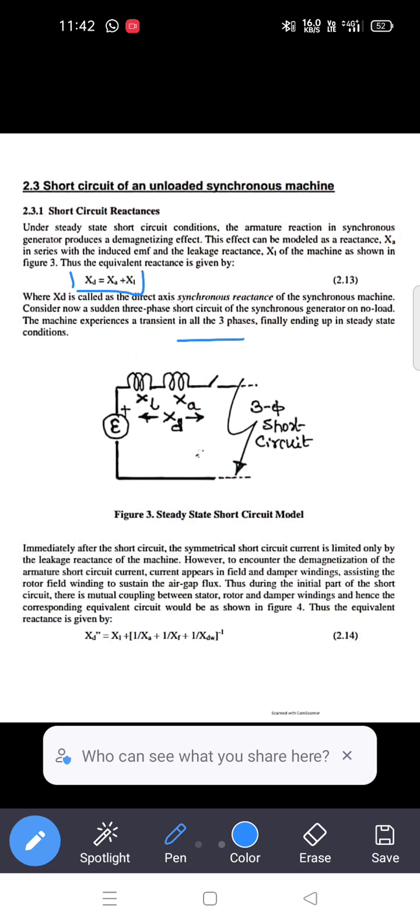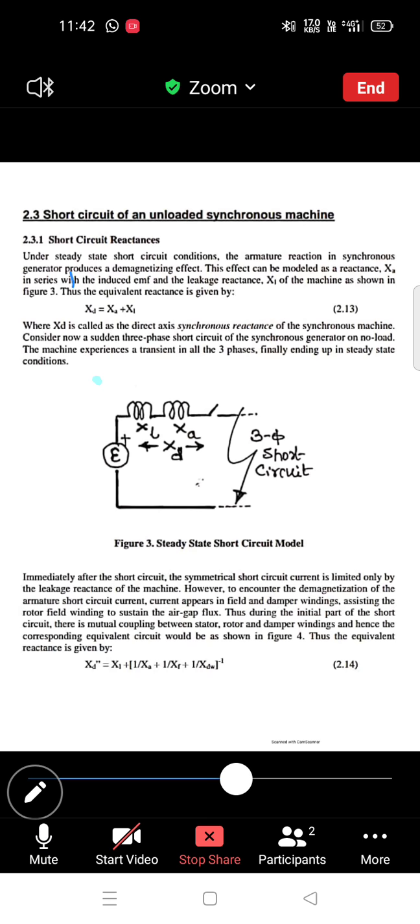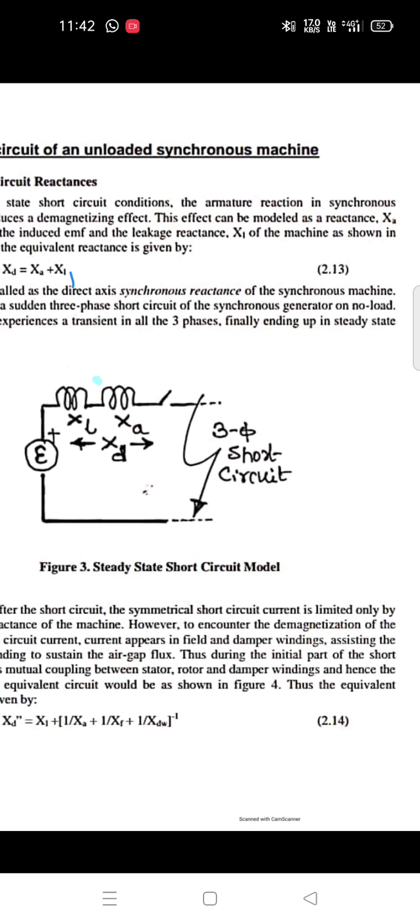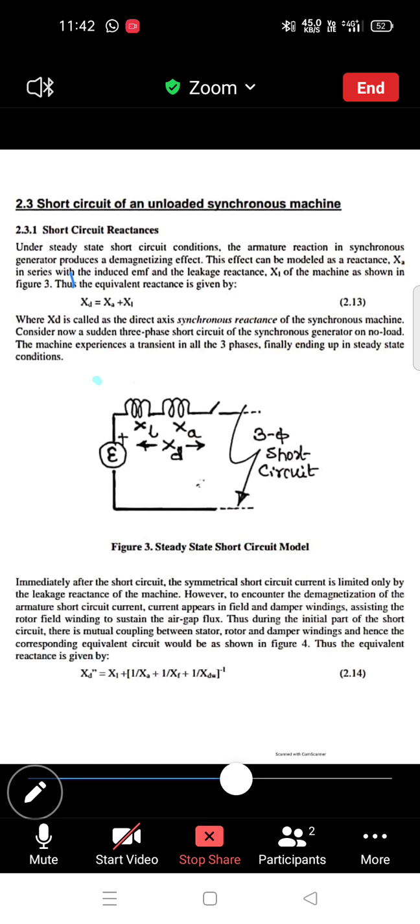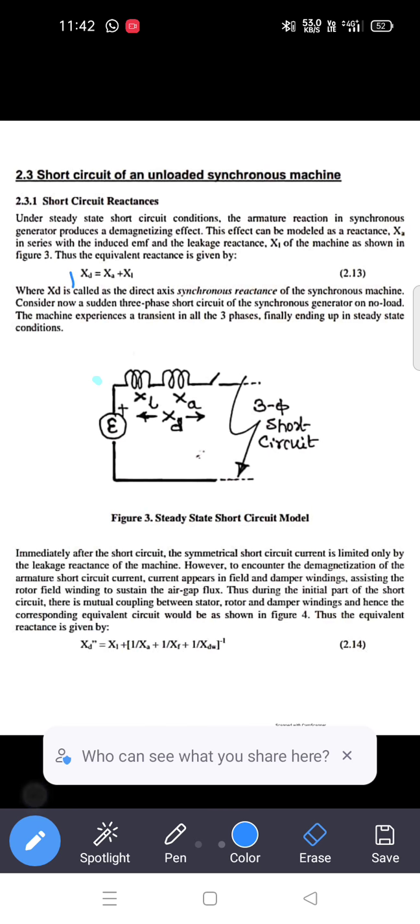Immediately after the short circuit, the symmetrical short circuit current is limited only by the leakage reactance of the machine. However, to counter the demagnetizing effect of the armature short circuit current, currents appear in the field and damper winding, which also help sustain our main flux.